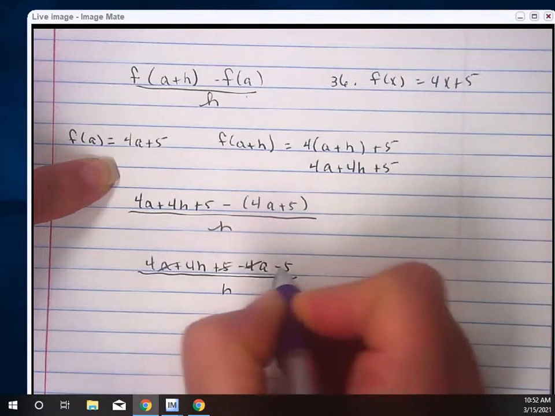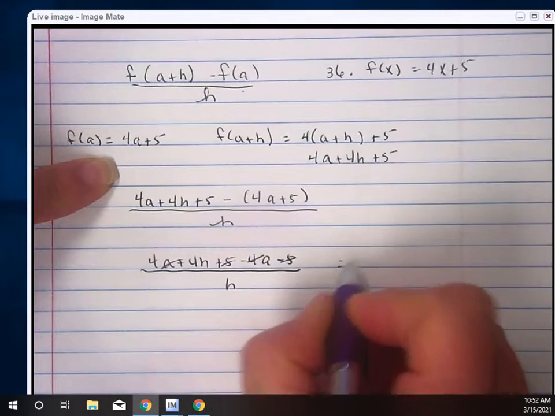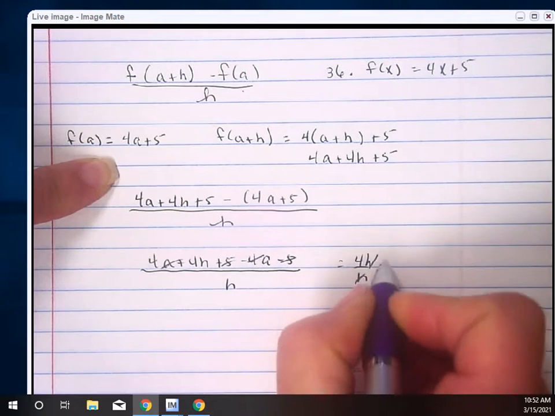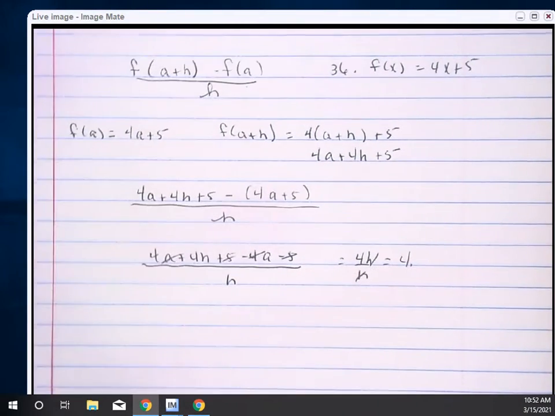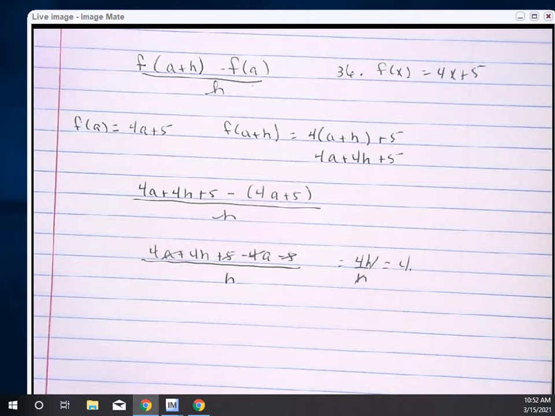Combine like terms. 4h over h equals 4. If you do it step by step, it's not going to be that confusing.